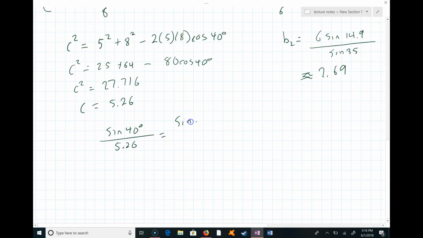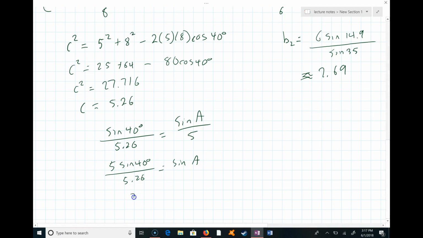So I'll do sine of A here over 5. And of course, that would be 5 sine 40 over 5.26 is equal to sine of A. So I'm going to have to calculate that and then take arc sine. So that's 5 sine 40 divided by 5.26. Then I'll take arc sine of that.